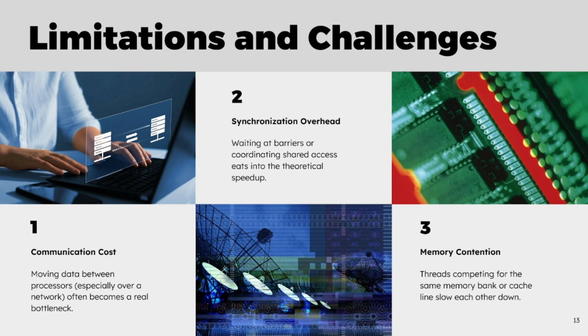On top of all of that, designing algorithms that continue to scale well as you add more and more processors is genuinely difficult. An approach that works beautifully on 8 cores might completely fall apart on 8000. These challenges are exactly why work, span, and Amdahl's law matter so much. They give us a framework for reasoning about where these costs are going to show up before we've written a single line of code.